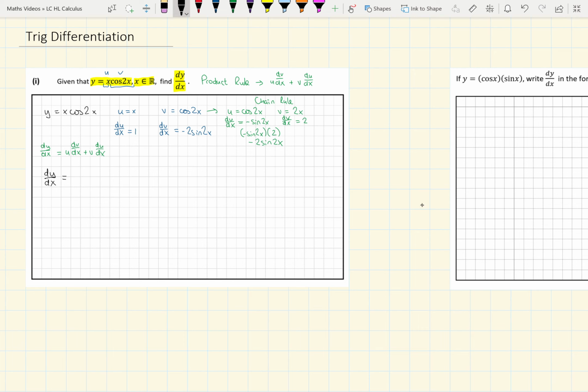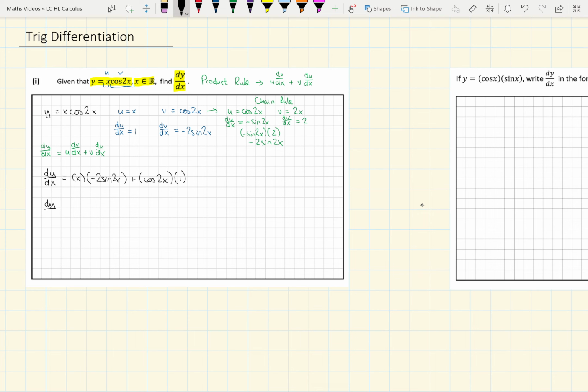So u we know is x times du dx. We've worked out dv dx is minus 2 sine 2x. Then we're going to add plus v times v is cos of 2x. And then du dx, which is 1.